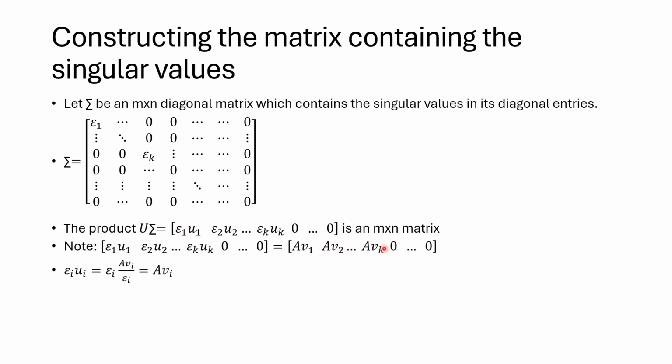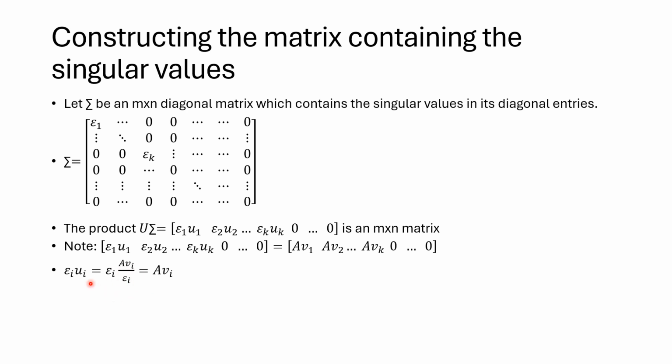That's because, from a couple of slides ago, I showed you that when we normalize the vector Av, we multiply by the reciprocal of its magnitude, which was just the singular value itself.